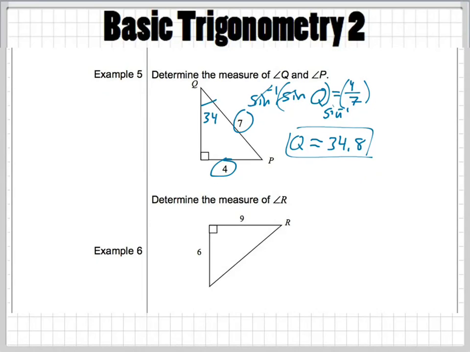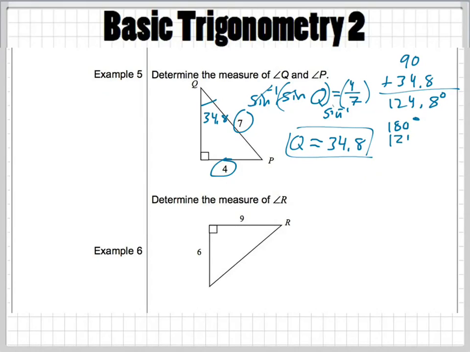So let's find the other angle another way. Instead of doing another trig ratio, let's add these up. We got 34.8 plus 90, so that gives me 124.8 degrees. And so what's the other side going to be? How am I going to find it? That's right!